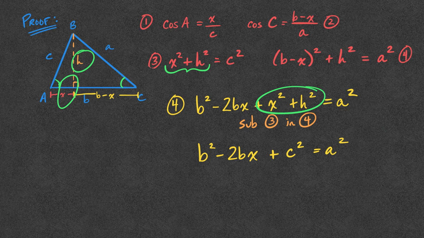And by me being able to replace x squared plus h squared with a c squared, I eliminated two parts that were never a part of my original triangle, and I was able to replace them with something that was side c. Okay, that was really useful for me. Okay, I'm going to get rid of all those green circles.